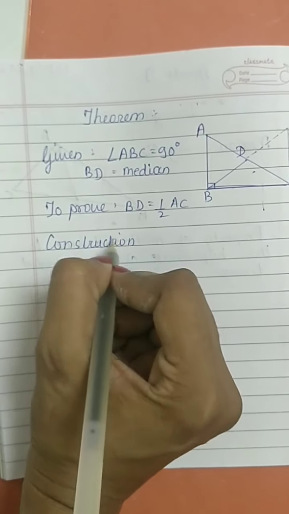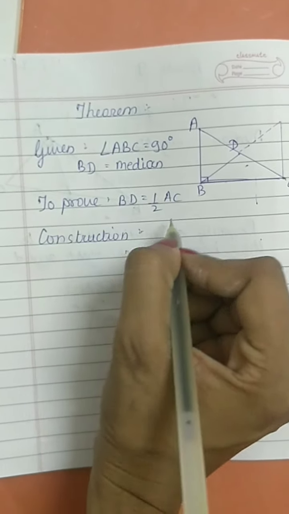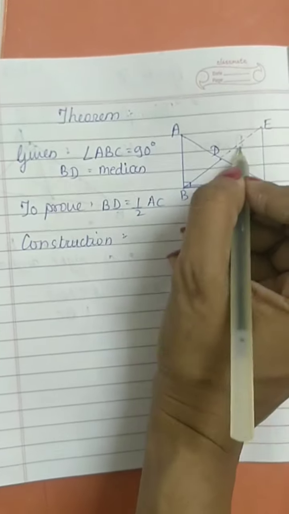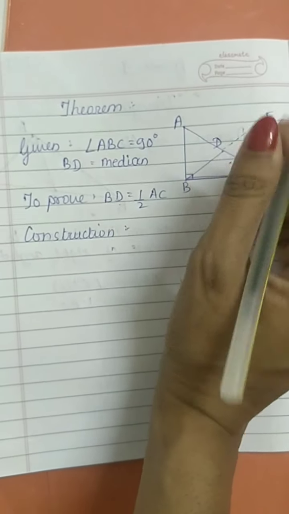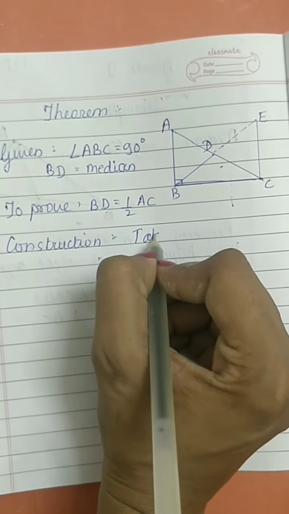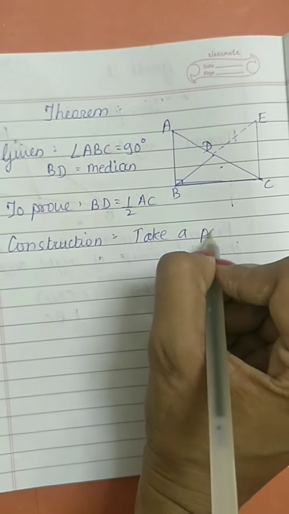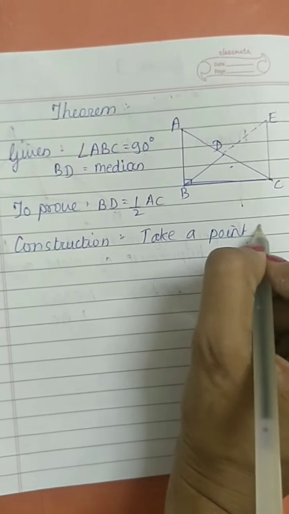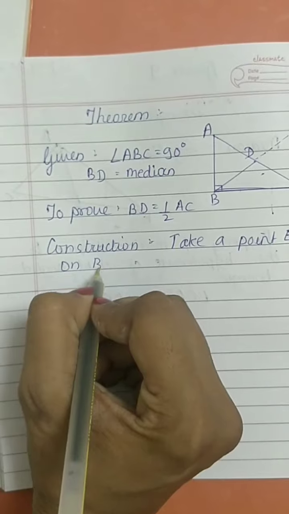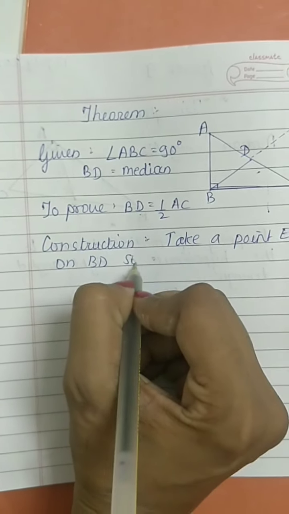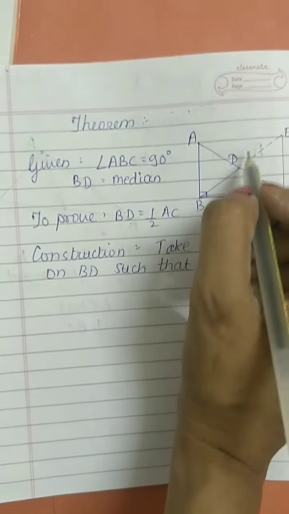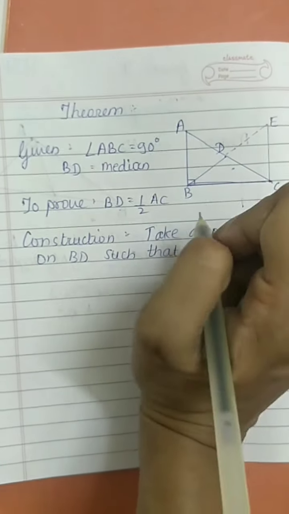For that we are going to construct a few things. In construction, you write down: take a point E on BD. For that you will have to extend BD. Take a point E on BD such that BD is equal to DE.